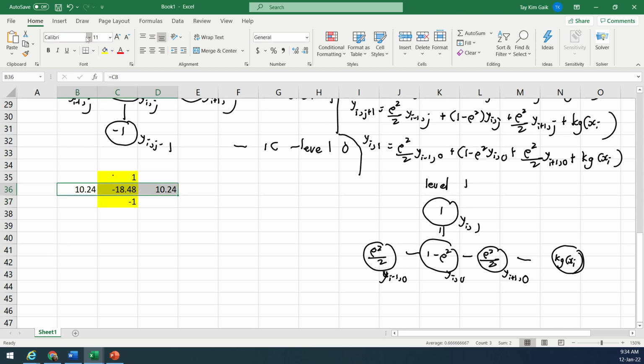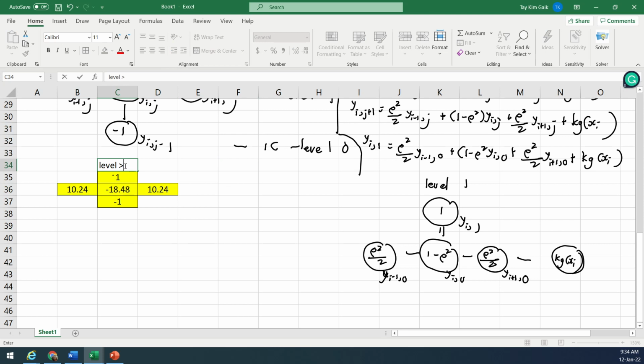So this is the molecule for the 3-level scheme used to calculate level 2 onward, for level greater than or equal to 2.